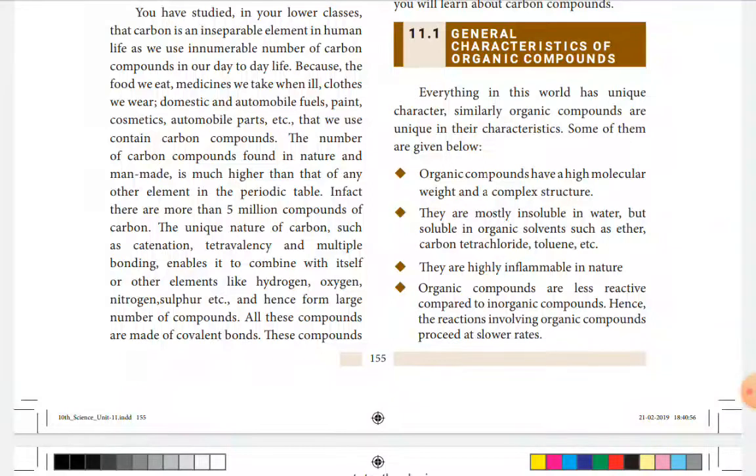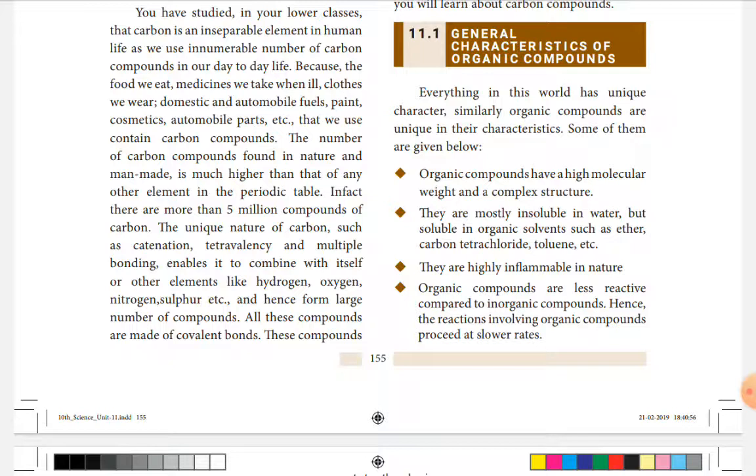These compounds are highly inflammable, that means they burn easily in the presence of oxygen. They are less reactive compared to inorganic compounds, and the rate of reaction is very low. They have covalent bonding between the combining atoms, and their melting and boiling points are very low.